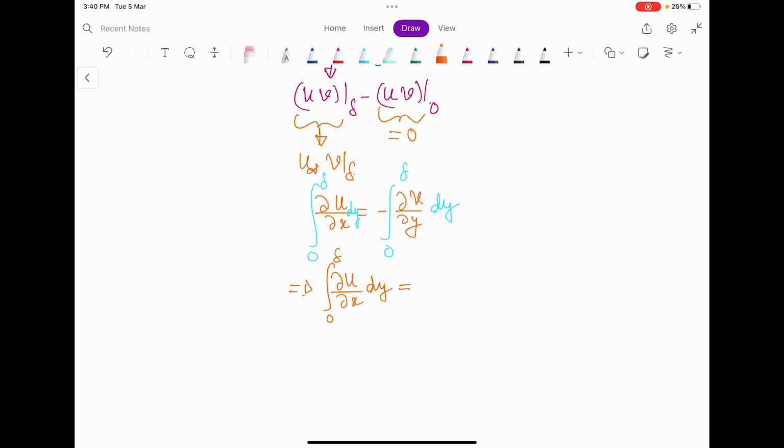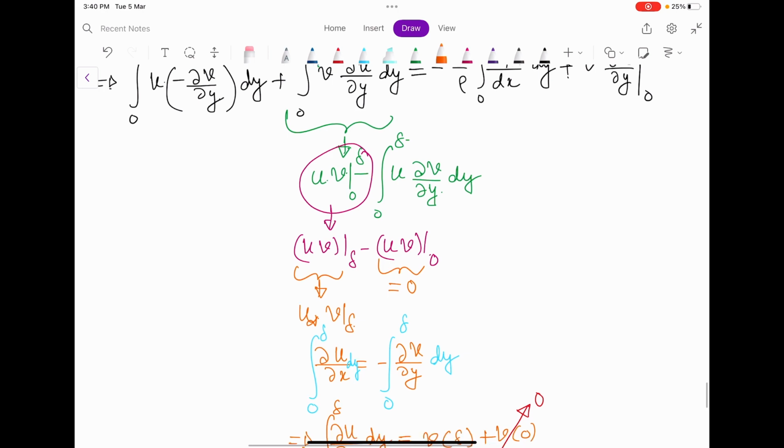So we have here v at delta minus v at delta plus v of 0, because we have a minus here. So this is 0 because of no penetration. Then we got the v of delta, right? So v of delta is minus of the integral from 0 to delta of del u del x.